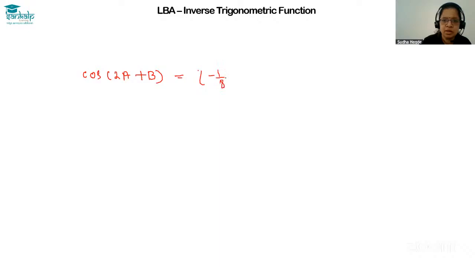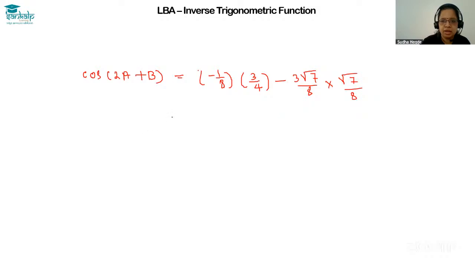Substitute that into cos B. Cos B is 3 by 4 minus sin 2A, it is 3 root 7 by 8 into sin B, it is root 7 by 8.